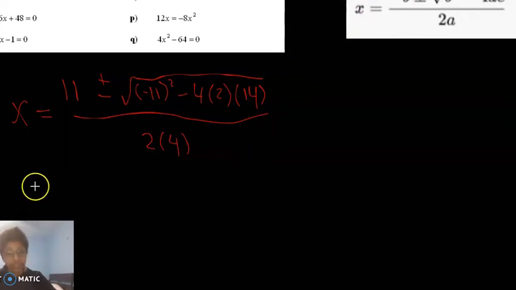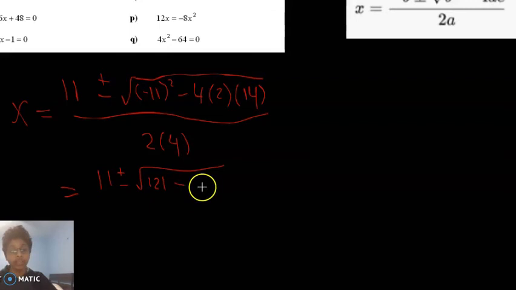Now let's start to simplify this. We still have 11 plus or minus, but we can simplify the square root. We have the square root of negative 11 squared, which is 121, minus 4 times 2, which is 8, times 14, which is 112. And then we divide that by 2 times 4, which is 8.